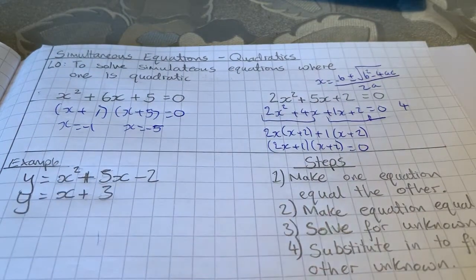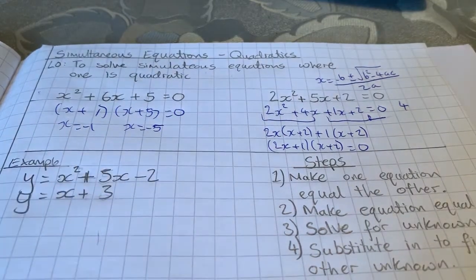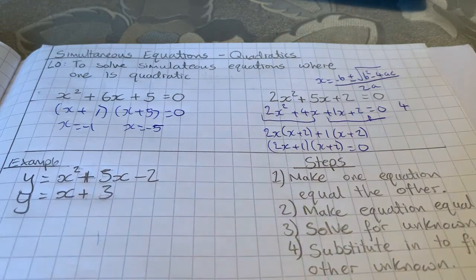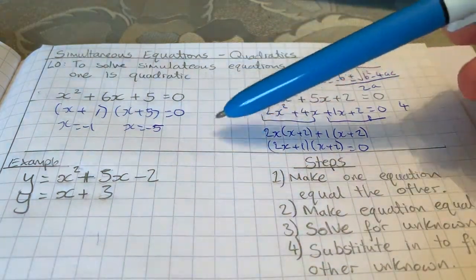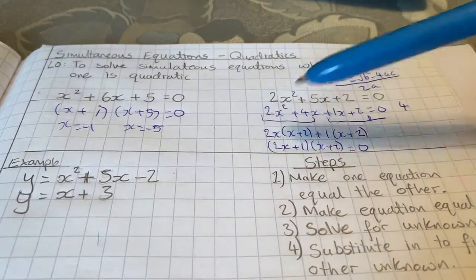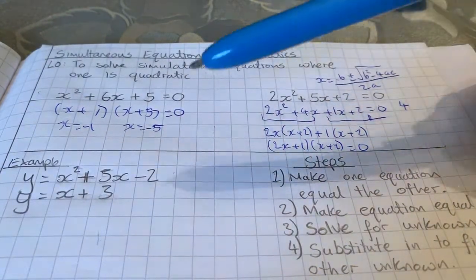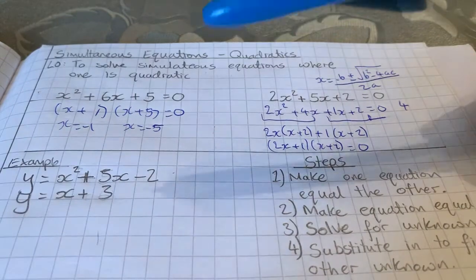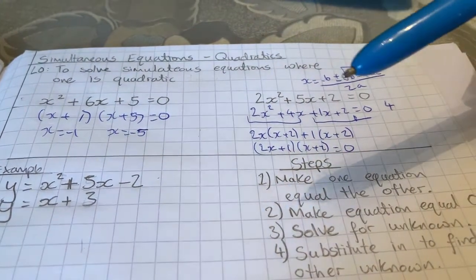Now, one thing to remember when you solve these, there are going to be two solutions. So two values of x, two values for y, and that's because one's a quadratic, which is a curve, and if you plot it, a straight line will cross it at 2 points. Okay? There will be situations with only one solution, but I'm not going to go into that just yet.